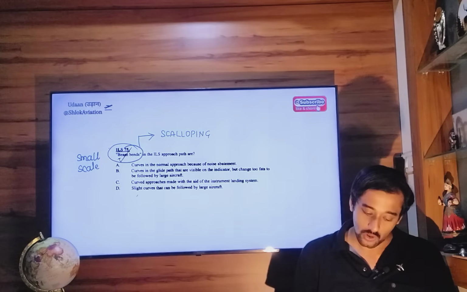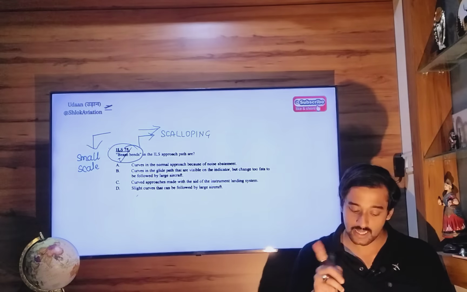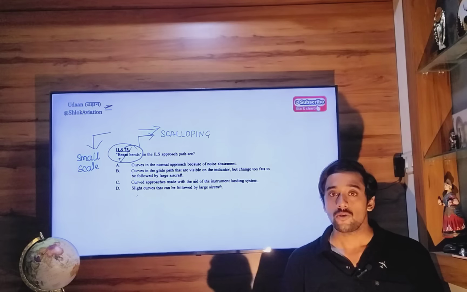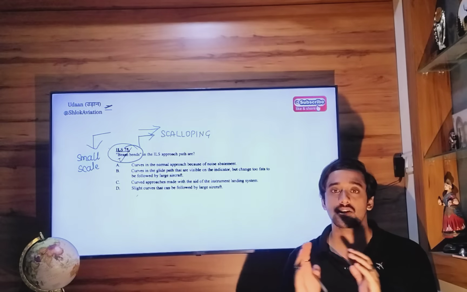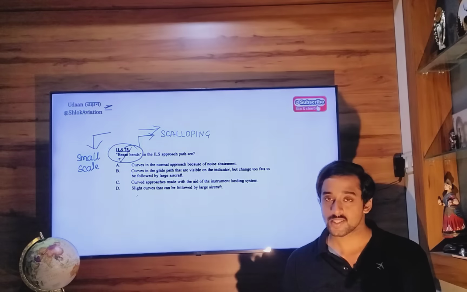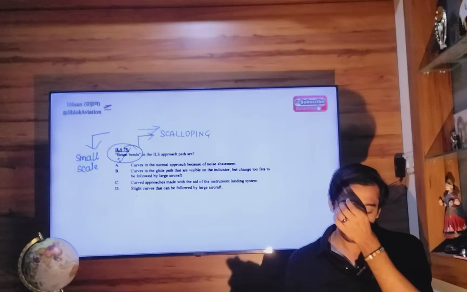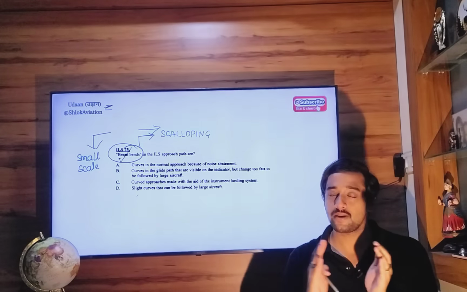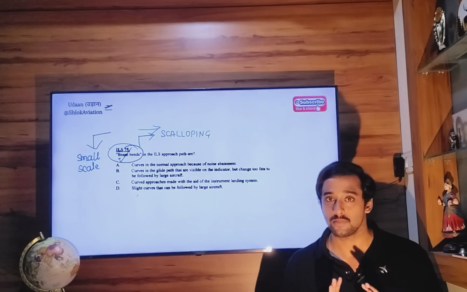Either phenomenon, what happens? In either of them we always encounter rapid movements of CDI needles left and right. In the case of scalloping, you will not be able to follow that CDI needle. But in the case of beam bends, the CDI needle will move rapidly left and right, but still your aircraft will be able to follow them reliably.